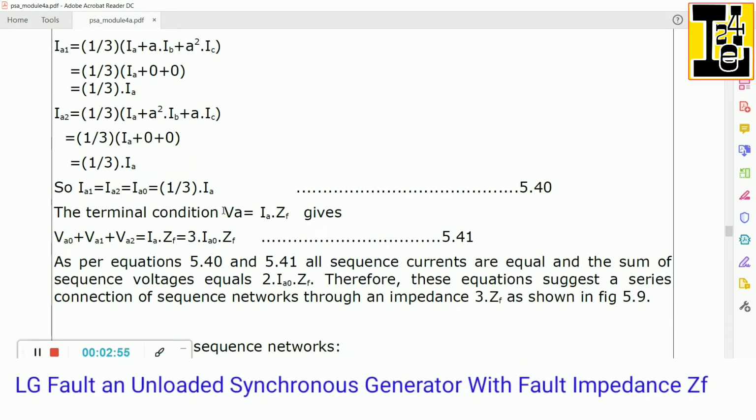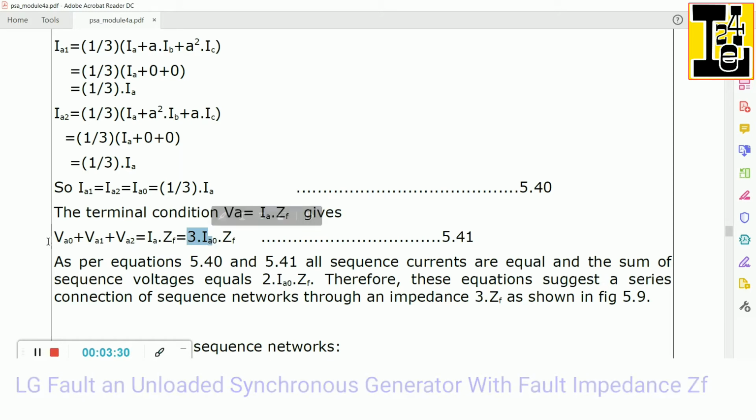We also have another terminal condition, VA equals IA into ZF, but we know that VA is the sum of the three sequence terminal voltages. So we can write that VA0 plus VA1 plus VA2 equals IA into ZF. But what is IA here? By the symmetrical component relation, IA equals 3 IA0. So finally we can write this expression.